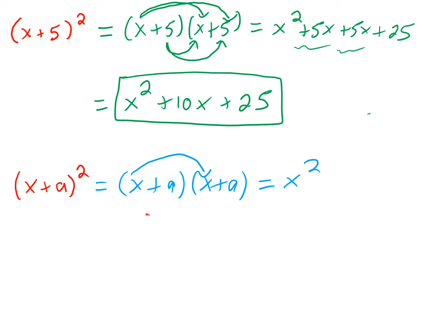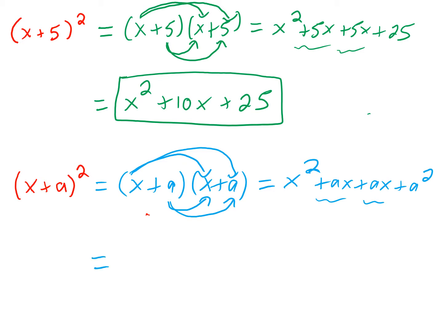Then multiply the x with the a, which gives plus ax. It doesn't matter what order you write things in, but normally we write in alphabetical order. Then multiply this a with this x, which gives another plus ax. Then multiply this a with this a, which gives plus a squared. Once again, these two terms have the same ending, so you can combine them.